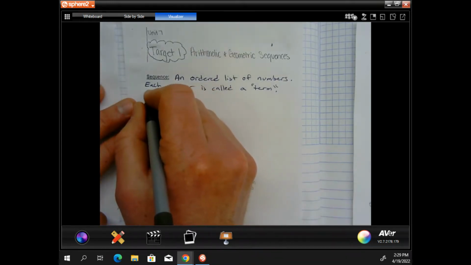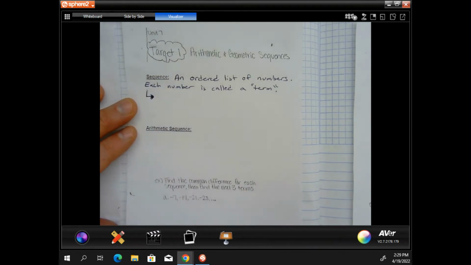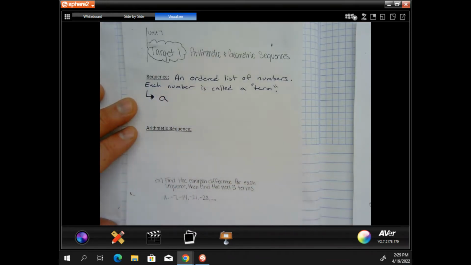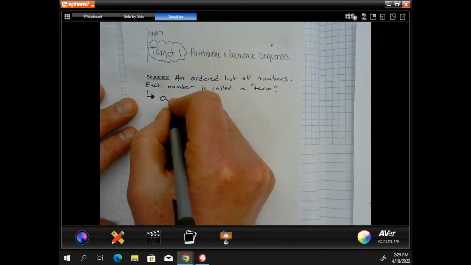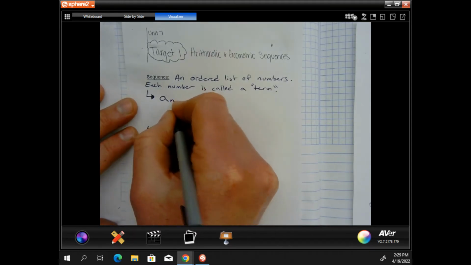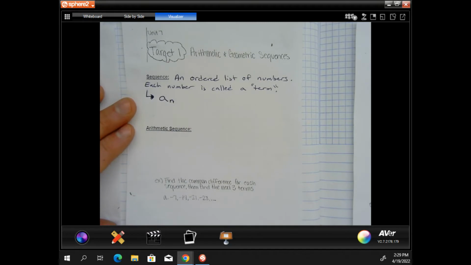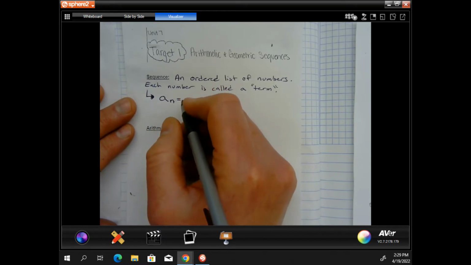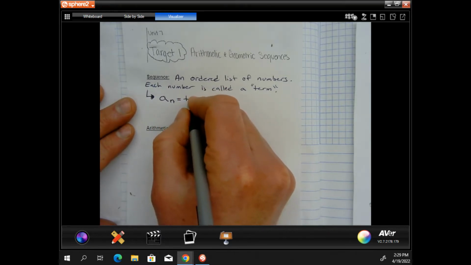So here's how we're going to see this. Draw a little arrow. So let's say we have a number, and we're going to call that A, representing some number. And then what you're going to see is this n here, in the lower right-hand corner. That is the term in the nth position. It would look like this.